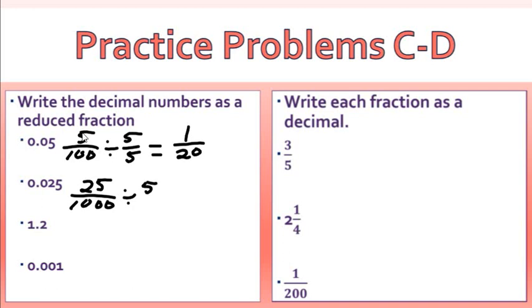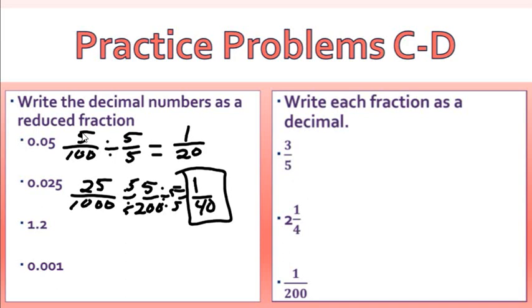So 25 divided by 5 gives us 5. 1,000 divided by 5 would give us 200. And then we can reduce this by 5 again. 5 divided by 5 gives us 1. 200 divided by 5 gives us 40. So we would have 1/40.